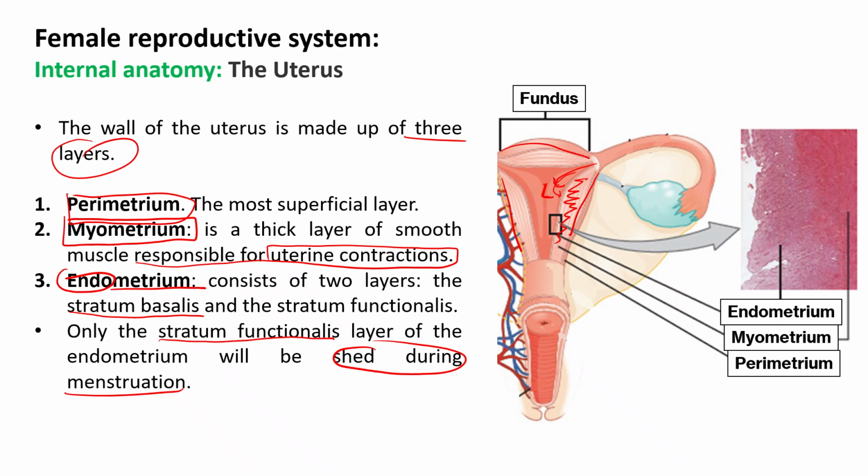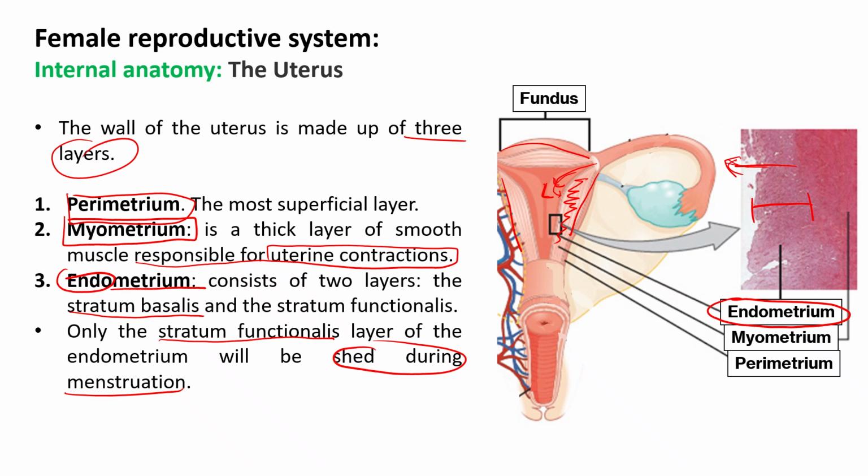So important to remember here, or to have an idea: during the menstrual cycle, the endometrium is the layer of the uterus that will grow and become thicker, and this type of tissue is very sensitive to hormones.